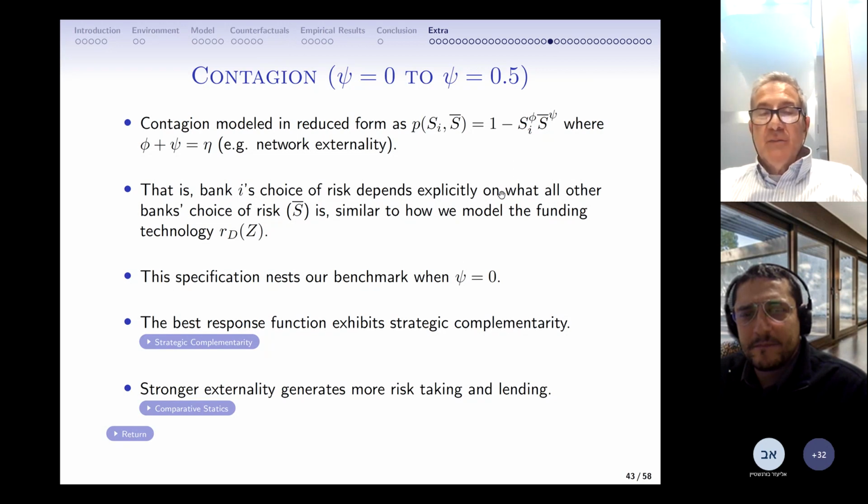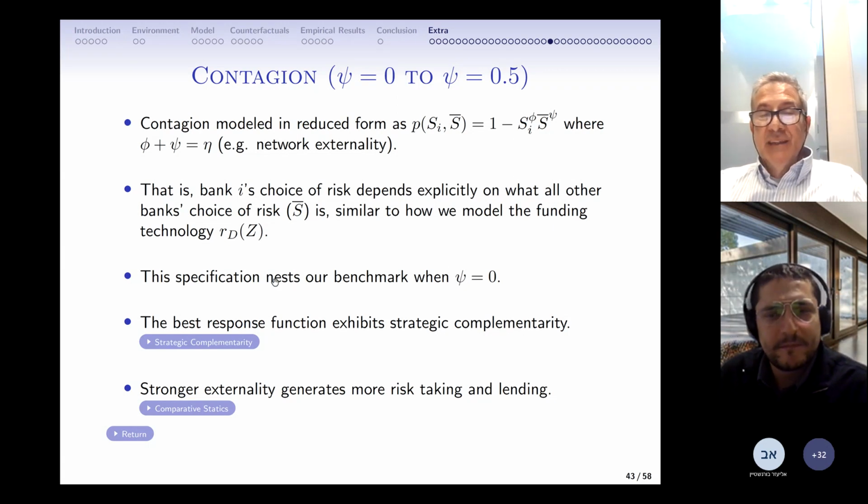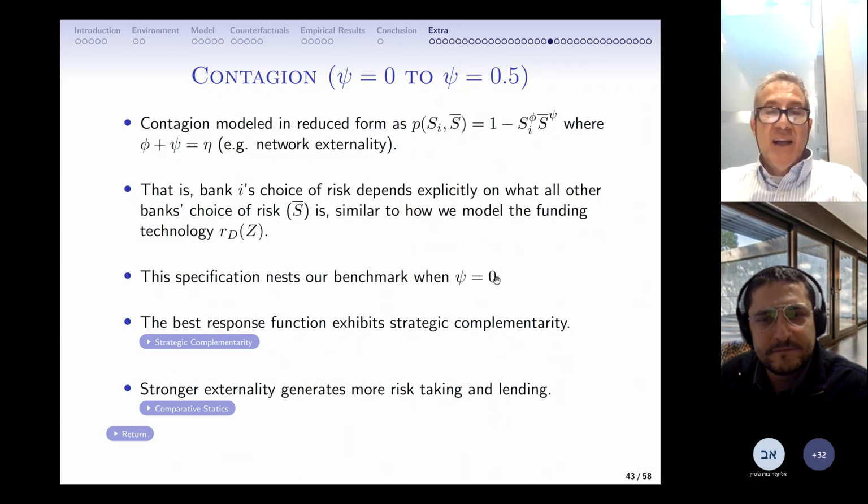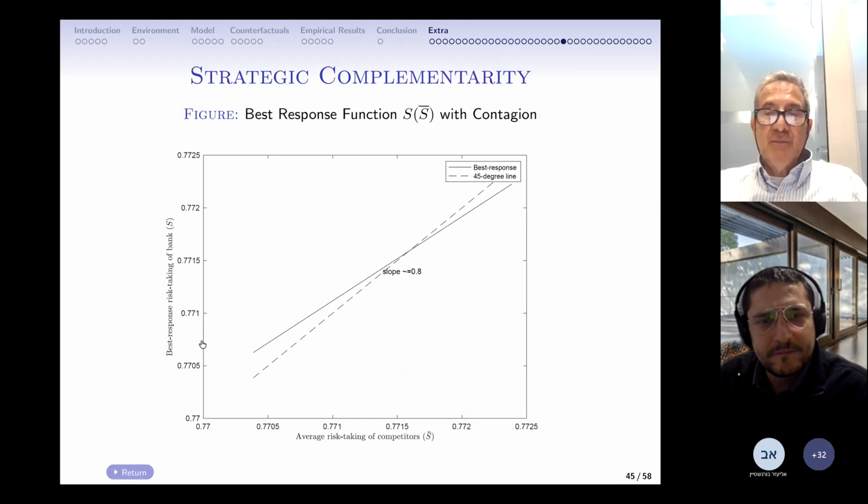So one way to think about what we were doing before was a model where we set the parameter psi equal to 0, and now I'm going to start to make psi positive, and that generates a strategic complementarity.